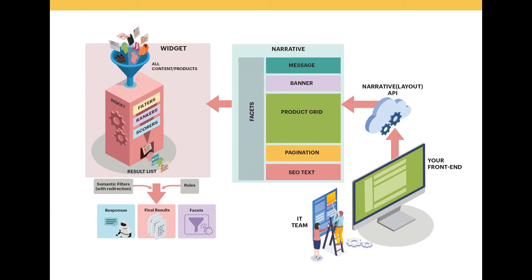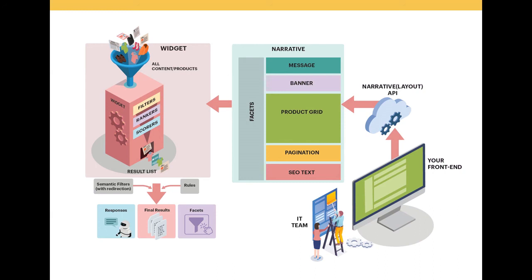So your IT team develops your front end, which is calling the narrative layout API, which will produce a certain layout based on the narrative, which is connected with the widget. And the widget logic will provide the content that should be appearing in that narrative. And that's how everything fits together.